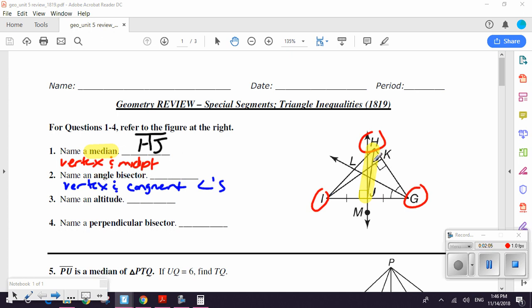However, when I look at G, I do. So if I follow this line from G all the way to the other side, I would hit L. So my angle bisector is GL. You can name it with the segment or you can name it with the ray. Since it does continue to go in that direction, that's fine.